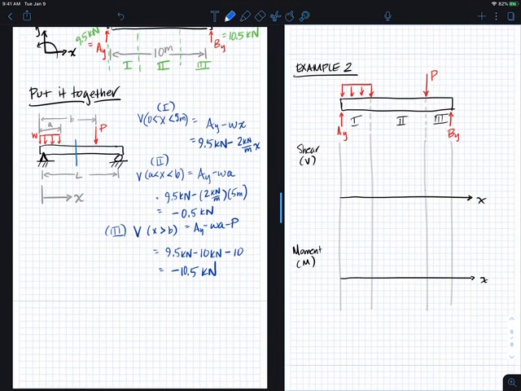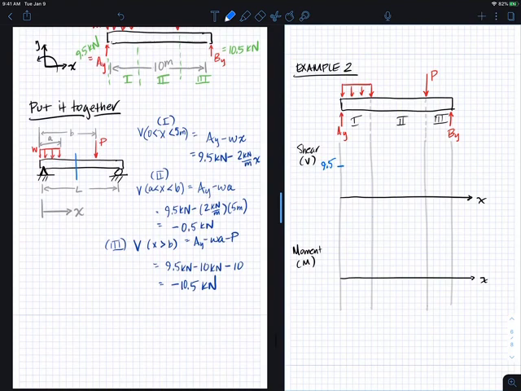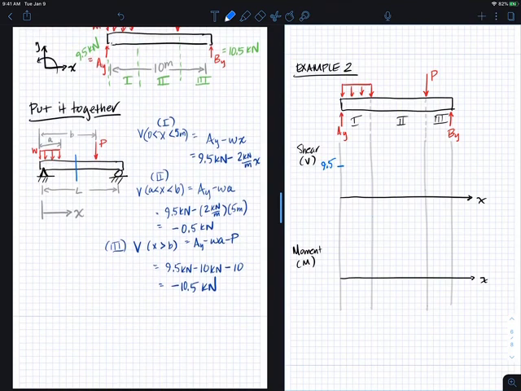Then we're going to be at 9.5, sorry, not 0. And now if we plug in for x equals 5, for example, then we should get all the way back down to the constant of negative 0.5. So this is where the shear will end.